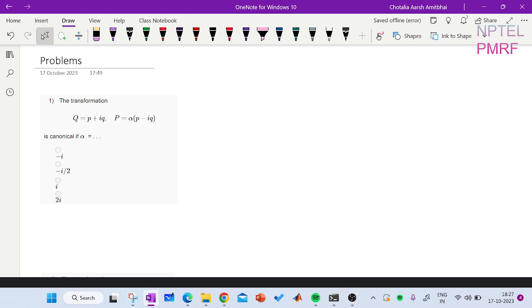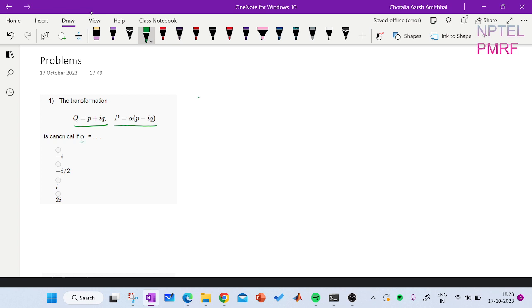So let's look at the first question, which says a transformation is given in which the new capital Q is small p plus i small q, and capital P is alpha times p minus iq, is canonical if alpha is equal to what?